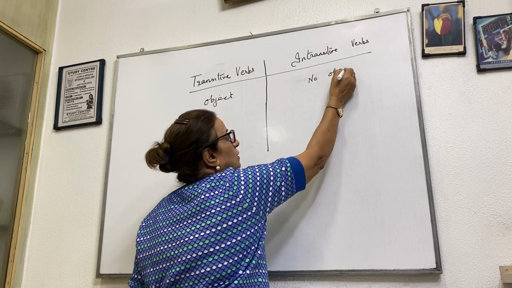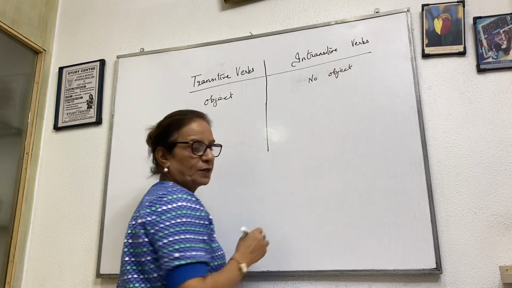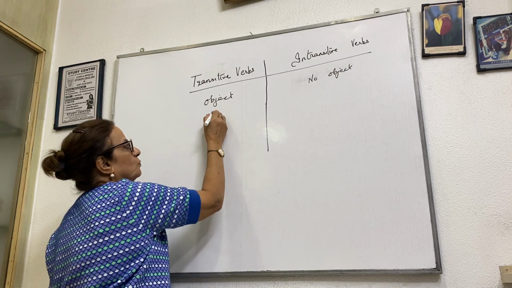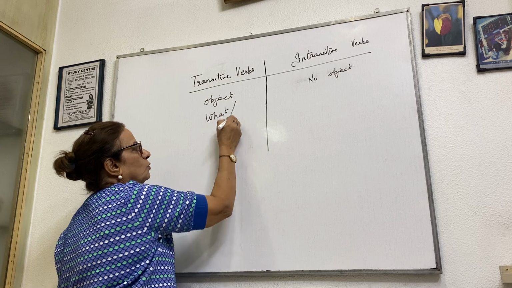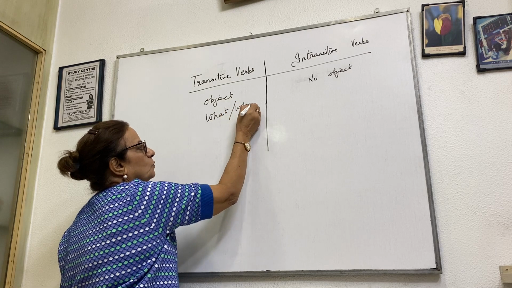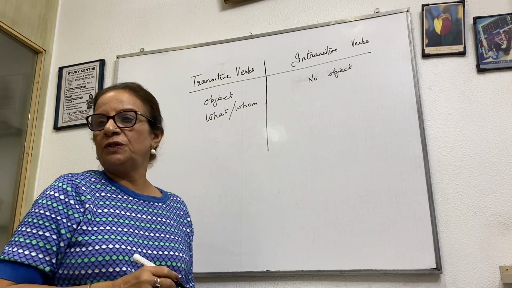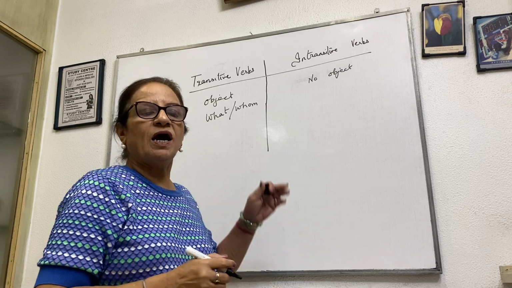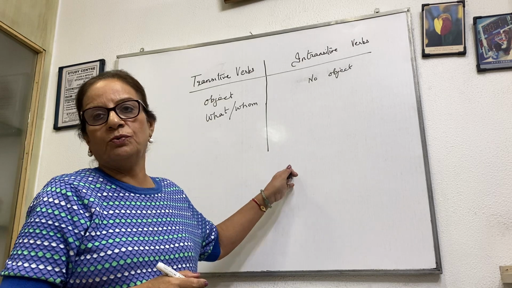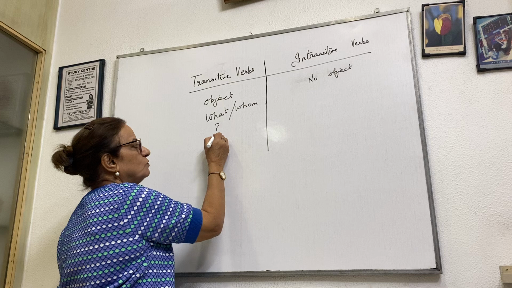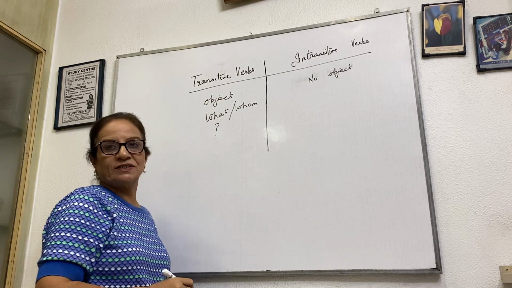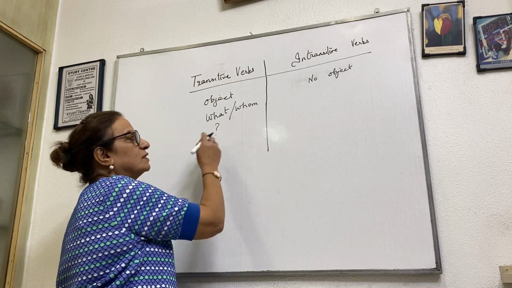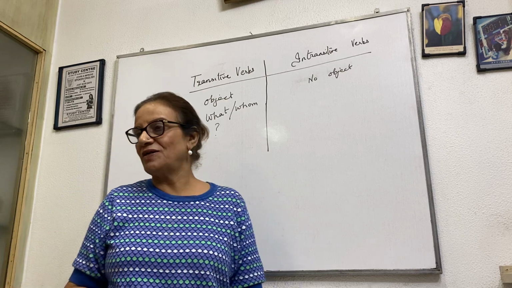Now, how do we know there's an object or not? We ask the question, what or whom? To understand whether it's transitive or intransitive, we ask the question what or whom. If it answers the question what, that means it is transitive. If it cannot answer the question what, it is intransitive.